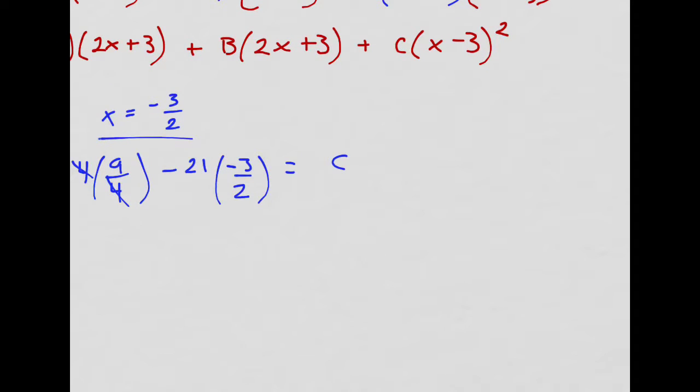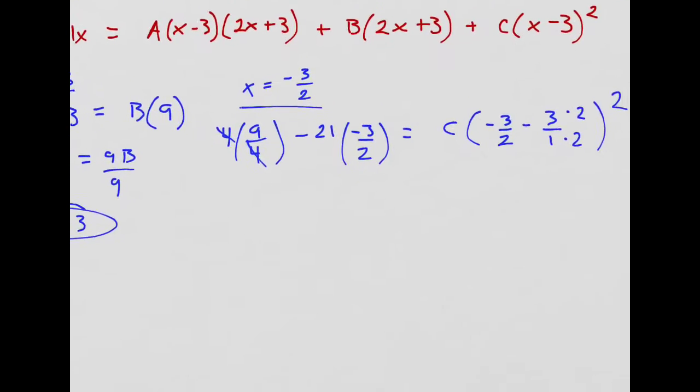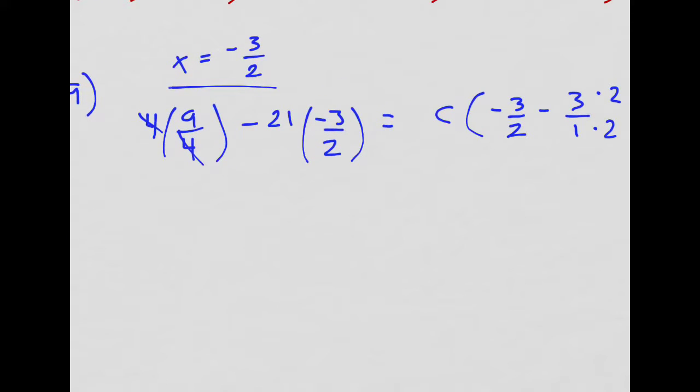So that equals c times negative 3 over 2 minus 3. And I'll get a common denominator there, and I have to square it. I can't forget that. So let's simplify as much as we can. 9 minus 21 divided by 2. Oh, it doesn't work out nicely.